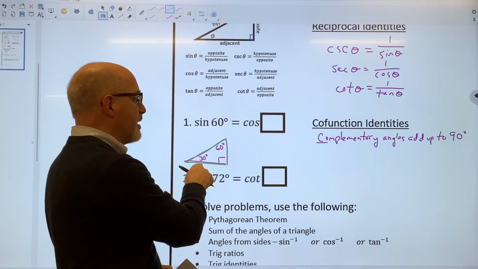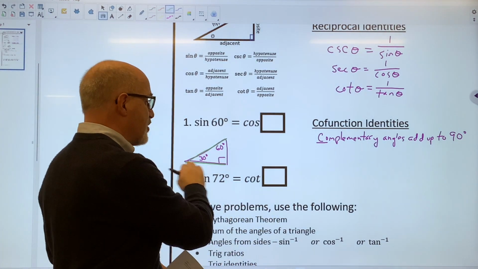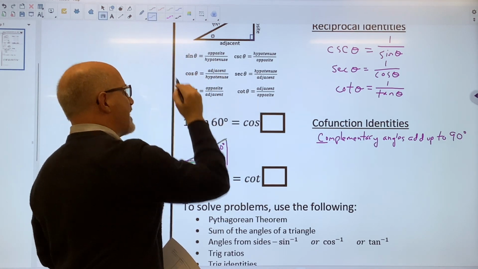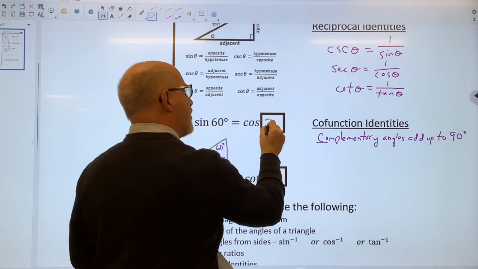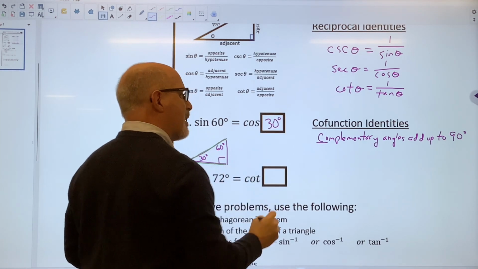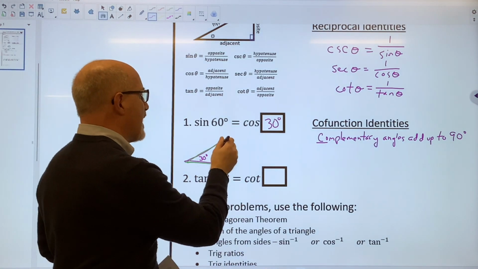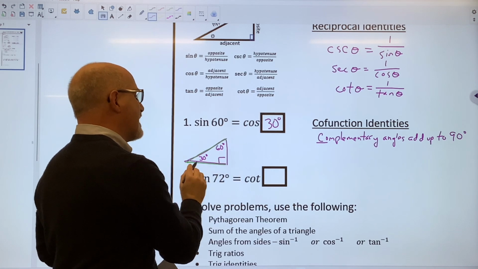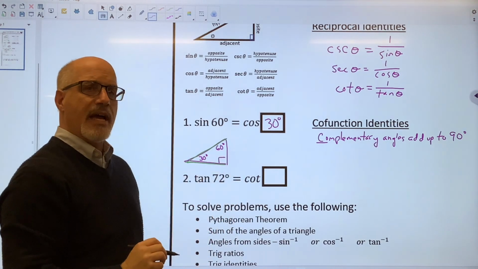Adjacent to 30 degrees and the hypotenuse would be cosine, where we'd have adjacent over hypotenuse. So sine of 60, opposite over hypotenuse, is the same as cosine of 30 because it uses those same two sides.